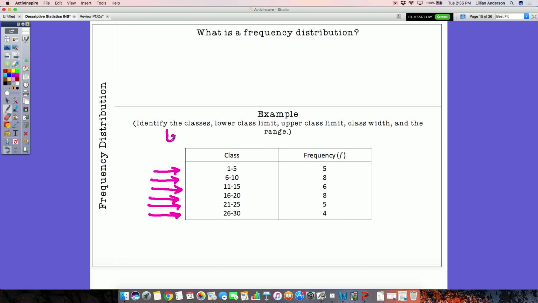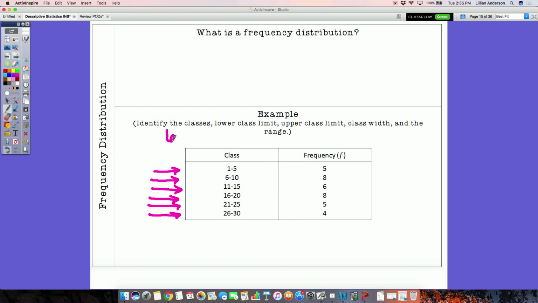Yeah, we got 6 classes here, okay? Now, using a little bit of inductive reasoning, what would you say is our lower class limit? Not 26 to 30, not 1 to 5.